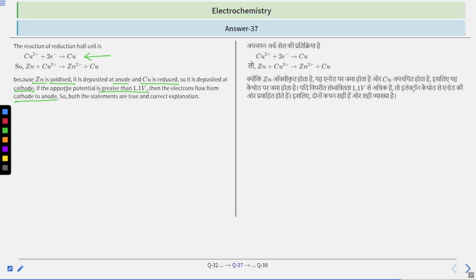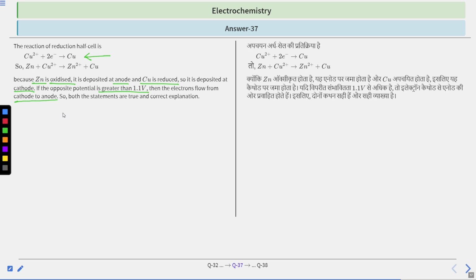Basically, we just write the half cell oxidation and reduction reactions, then the overall reaction. Zinc is oxidized, which means it is deposited at the anode, and copper is reduced, which means it is deposited at the cathode, and with opposite potential greater than 1.1 volt, the electrons flow from the cathode to anode.